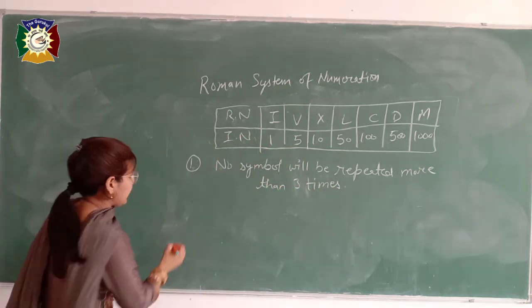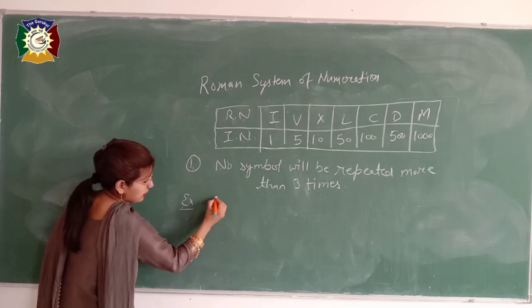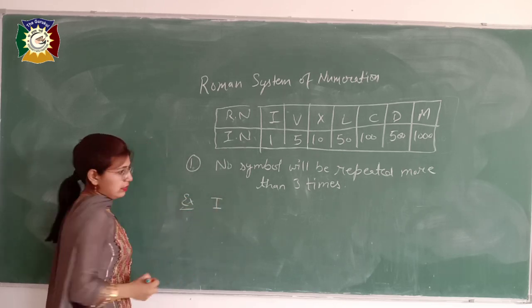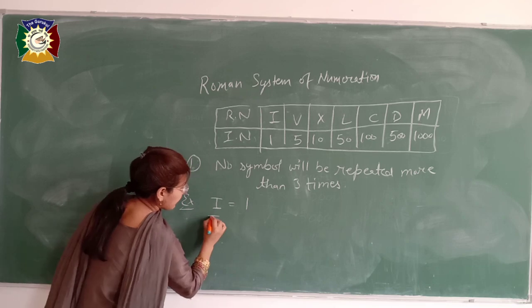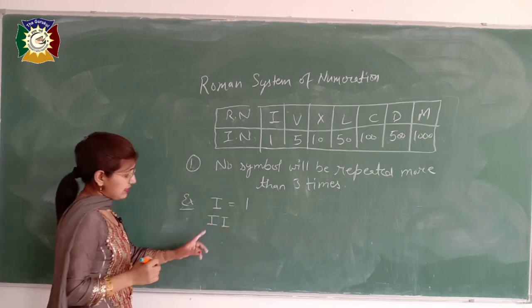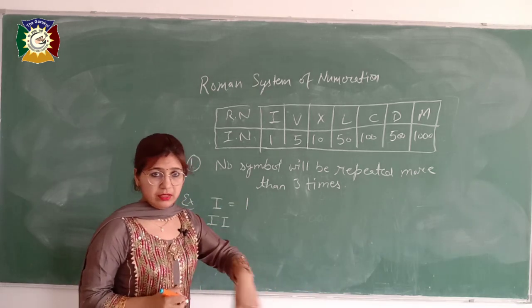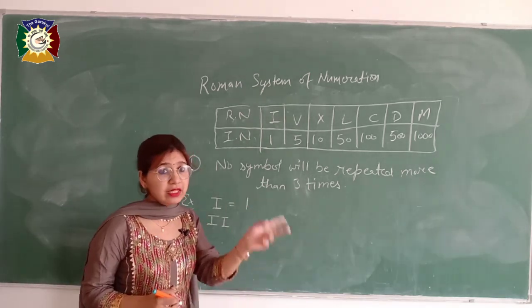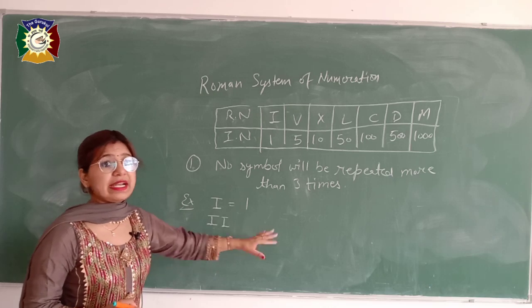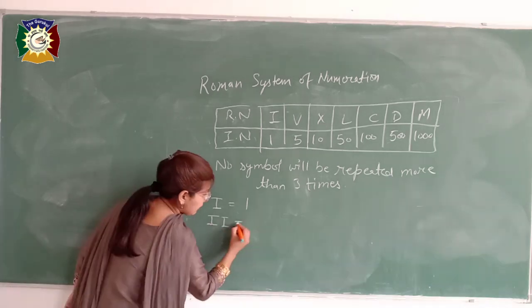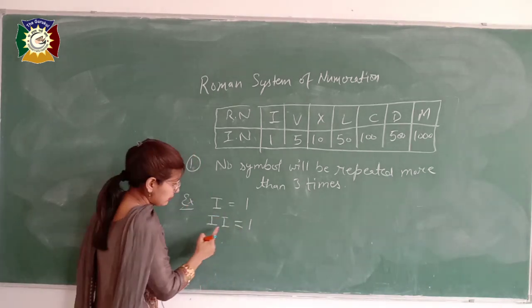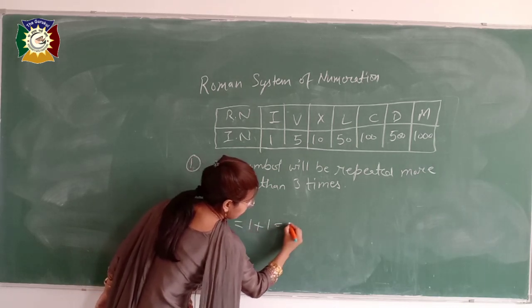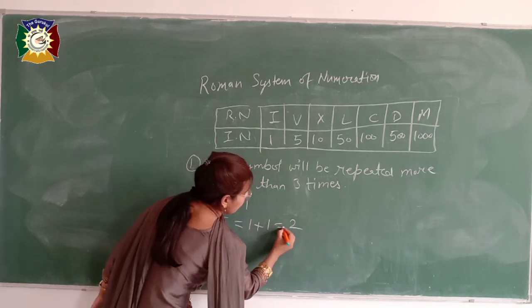Students, see here, the example is here. If you write I, it denotes 1. If you are using the same symbol 2 times, it means that you have to add the value of that symbol as many times as you are writing it. This I denotes 1, this I again denotes 1, and it will give you 2.